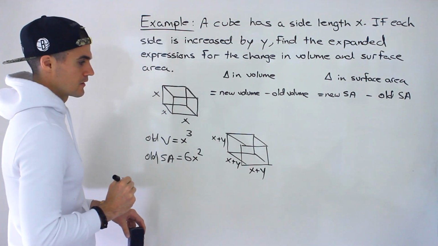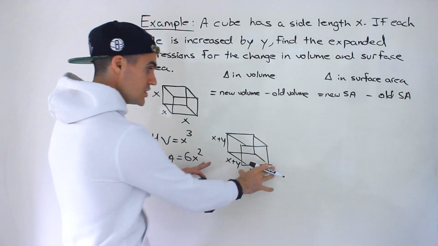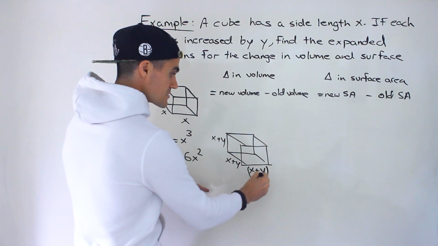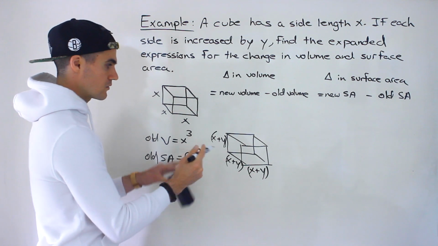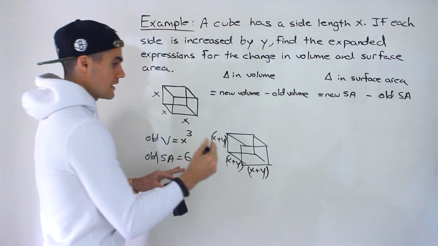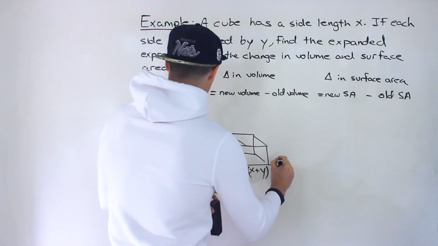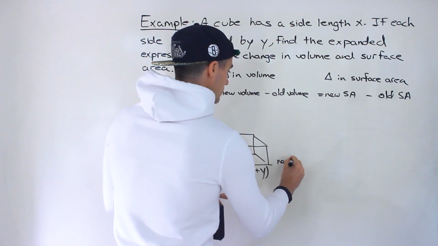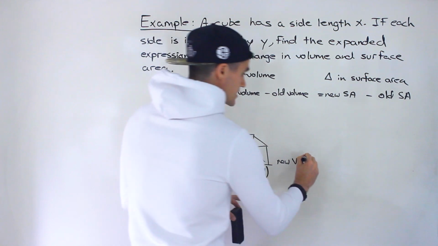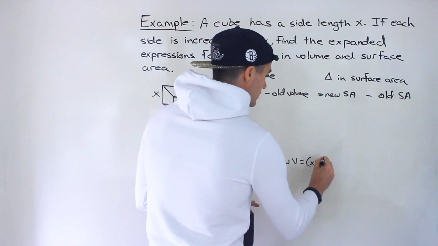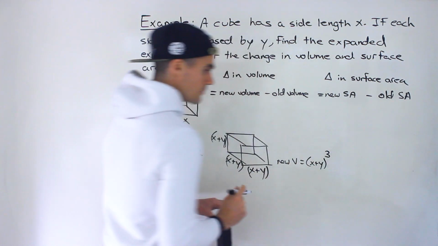So now each side is this expression, x plus y, x plus y, x plus y. It's that entire expression right there. And so what's the new volume going to be? What's the expression going to be? It's going to be x plus y to the power of 3.